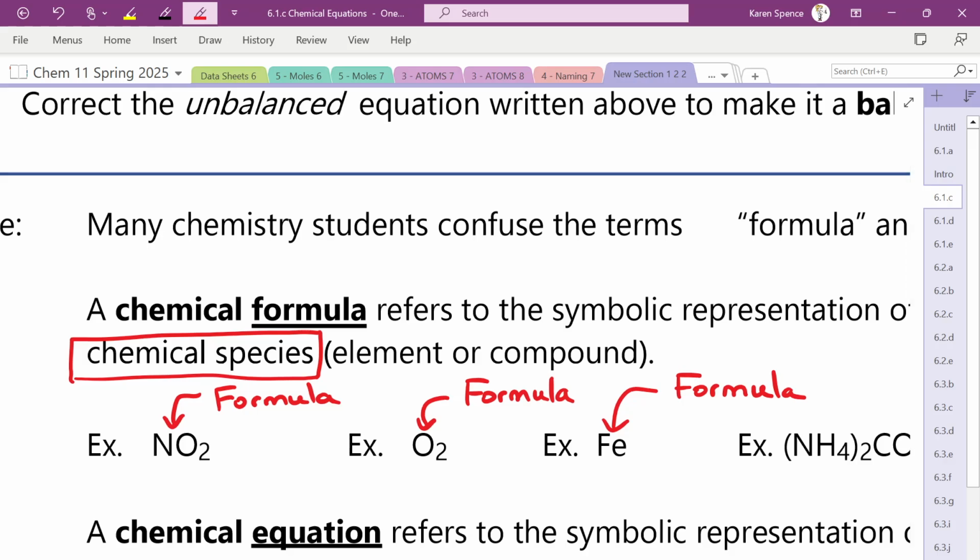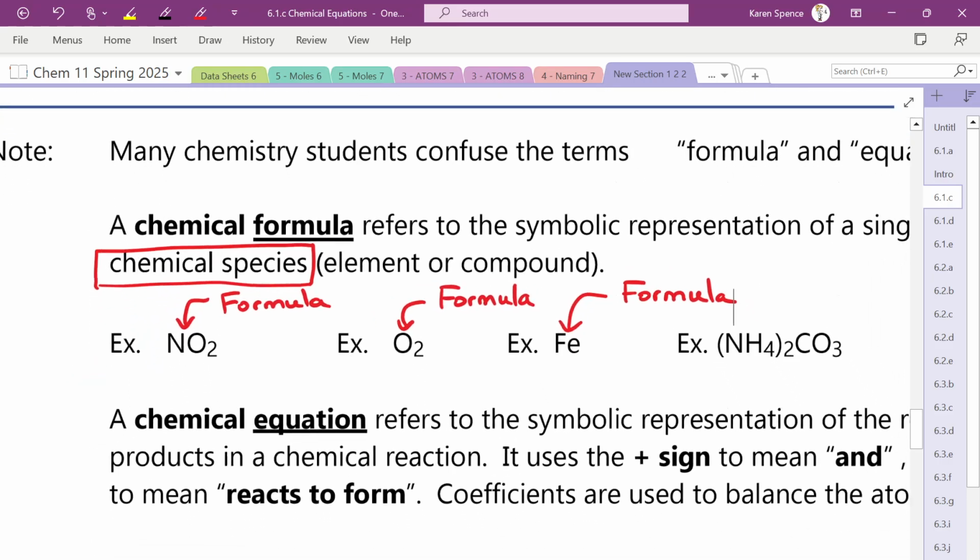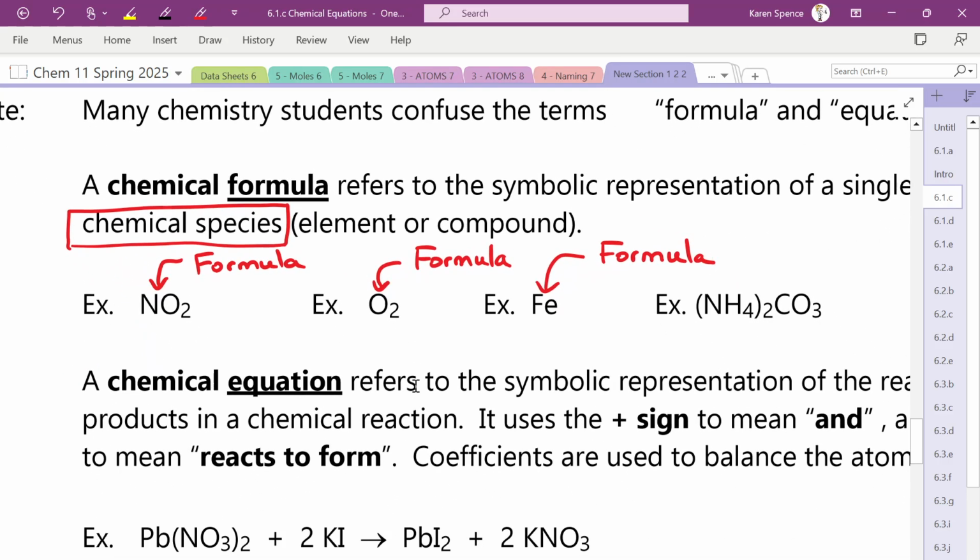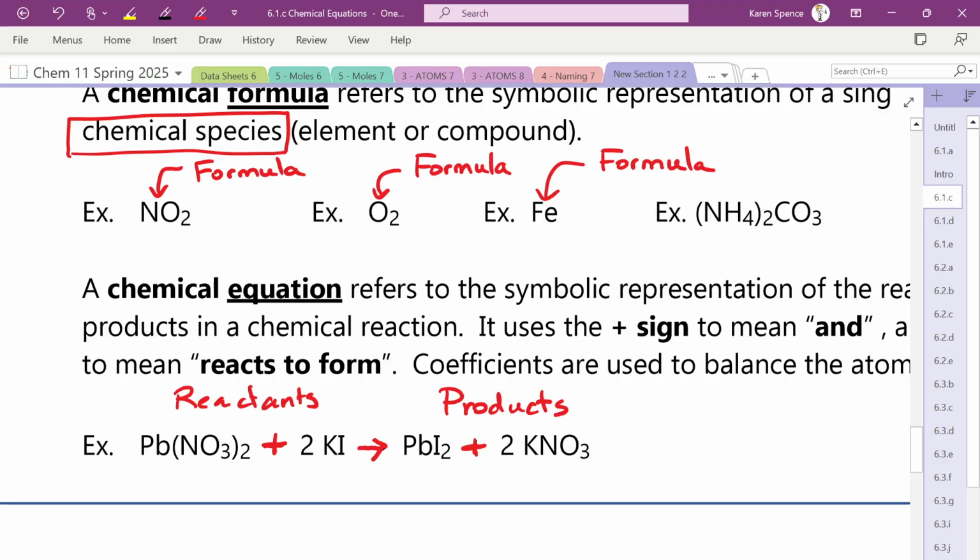But the chemical equation is where you have your reactants, and you have a plus sign in between them, and you have an arrow, and you have your products, and you put a plus sign between them, and that is a chemical equation.